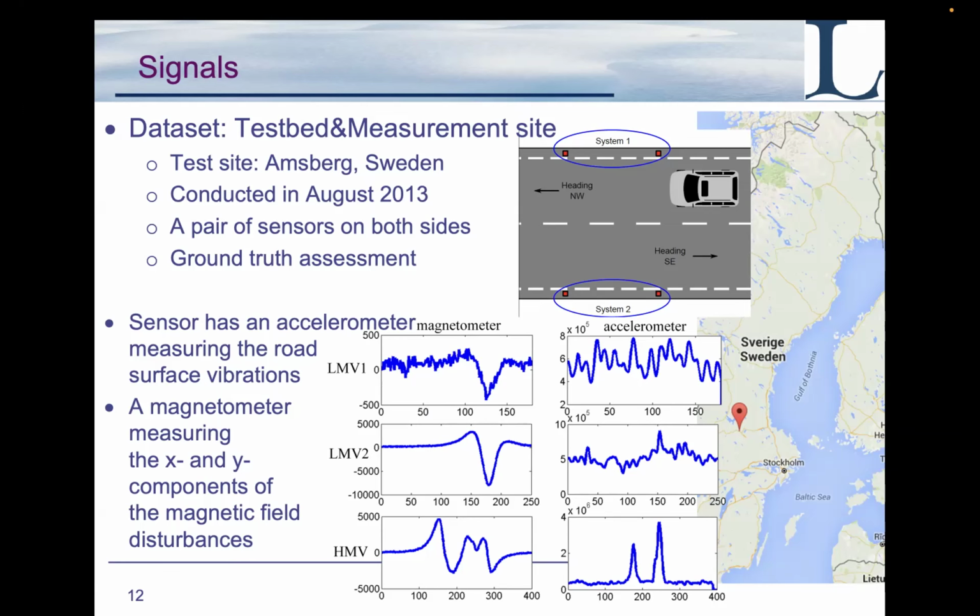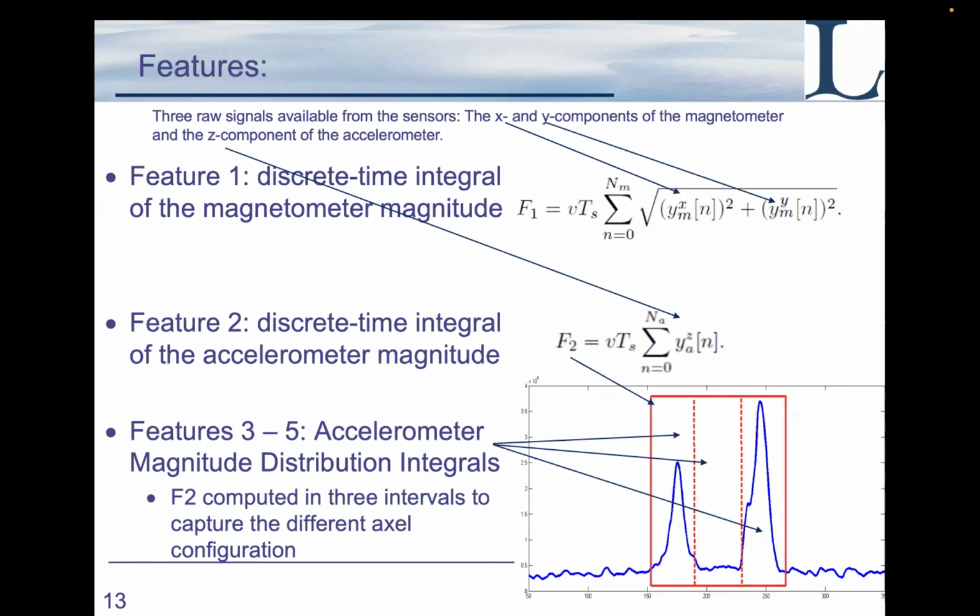And the feature extraction method worked like this. We defined 5 features. Feature 1 is called the discrete time integral of the magnetometer magnitude. So basically we sum up the magnetometer magnitude according to this formula, for the whole signal.